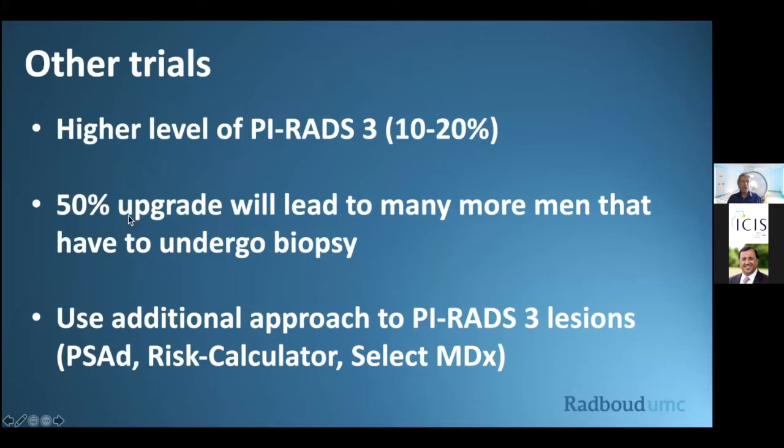There is a 50% upgrade. This will lead to many more men that have to undergo biopsy. This is the upgrade of the PIRADS 3s. And an additional approach needs to be used to reduce the numbers of PIRADS 3 diagnoses by, for example, PSA density, the risk calculators, or the Select MDx.